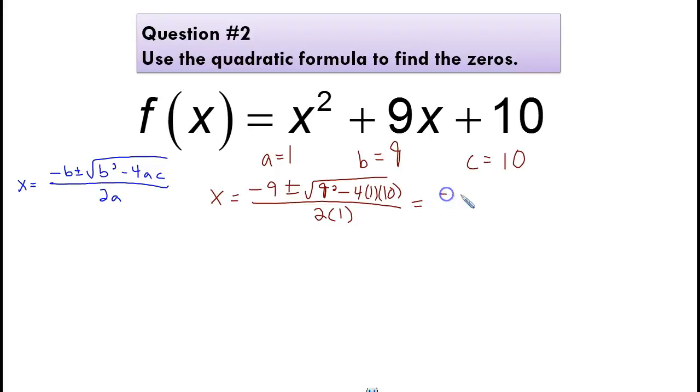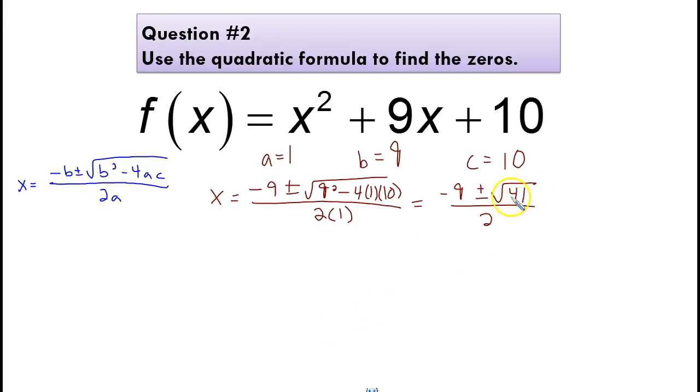So when I clean this up, I've got negative 9 at the beginning. I've got 2 on the bottom, and I want to find the discriminant. 9 squared, which is 81, minus 4 times 1 times 10. And when you do all of that together, you get 41.